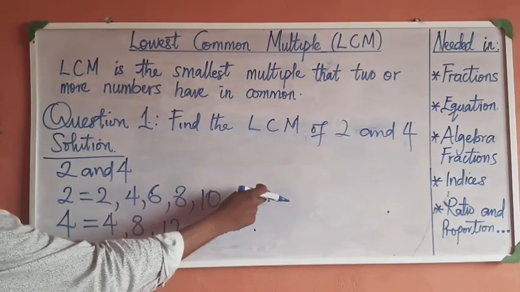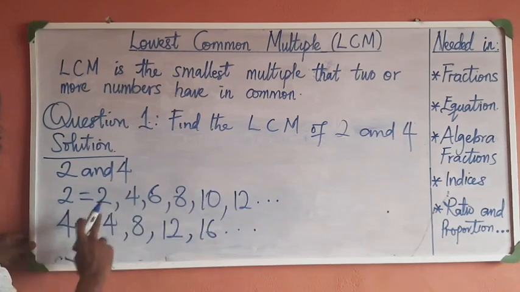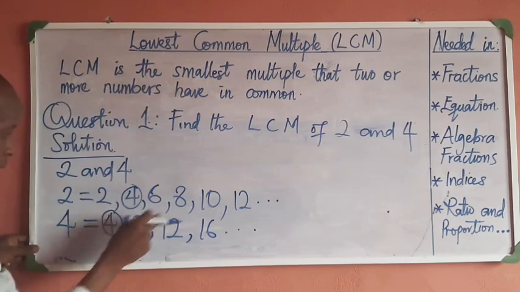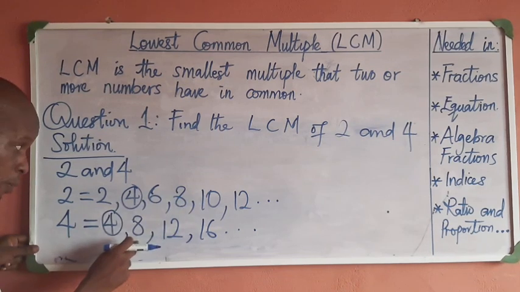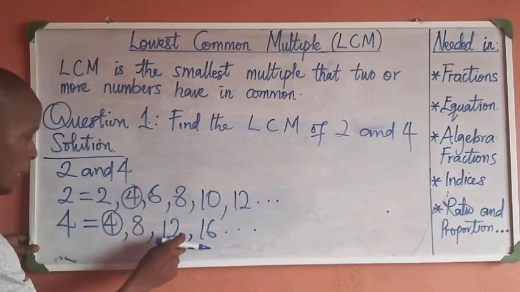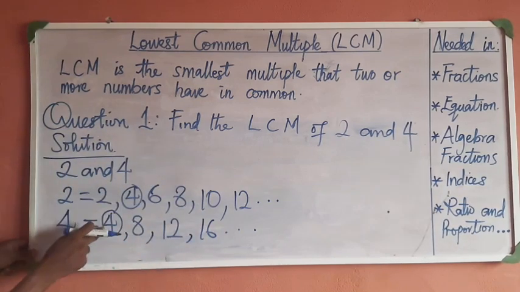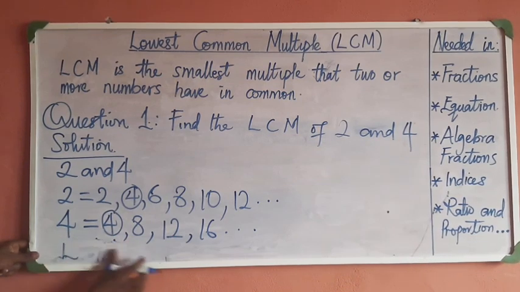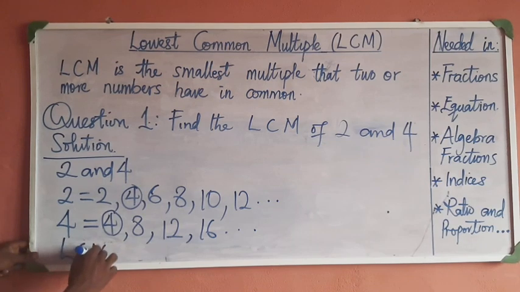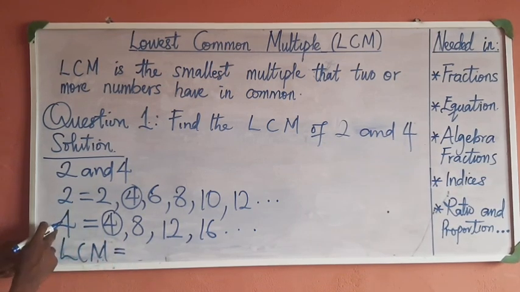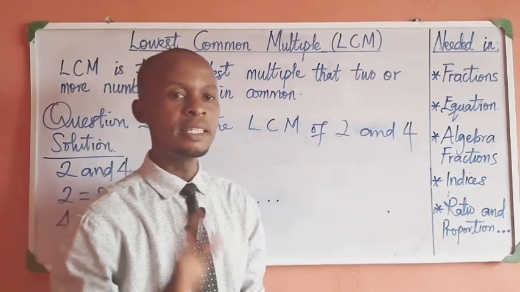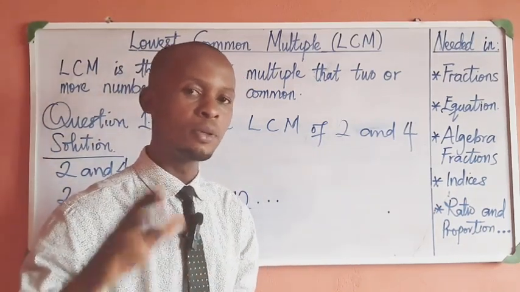Looking at the two sets of multiples, you will discover that the first common multiple is 4. We also have 8 and 12 as common multiples, but the first is 4, and this 4 is the lowest common multiple. So the LCM of 2 and 4 is simply 4.